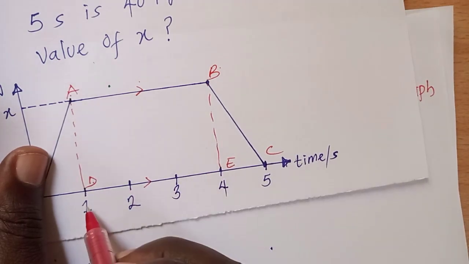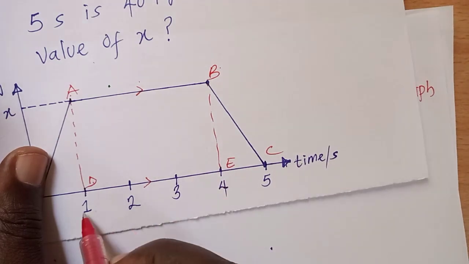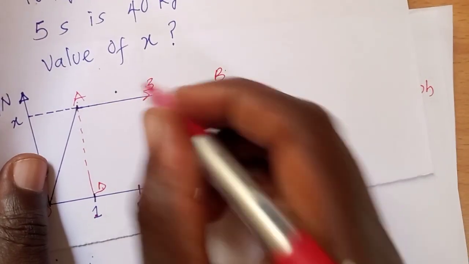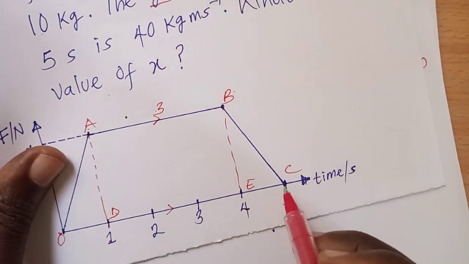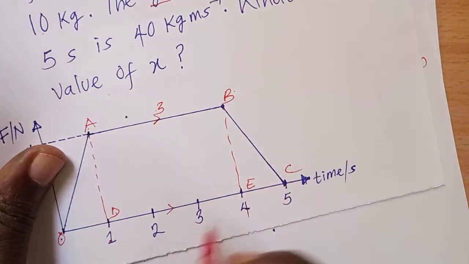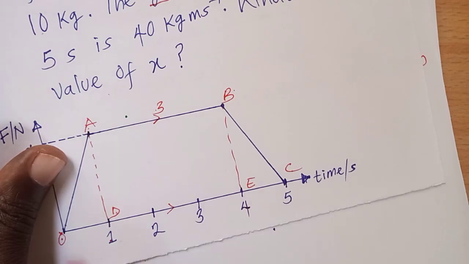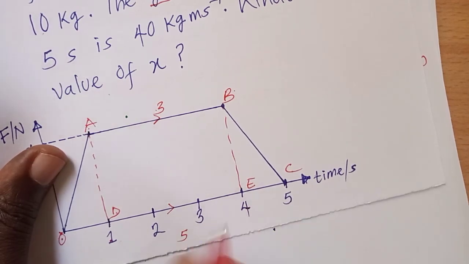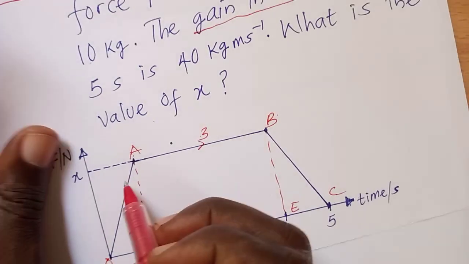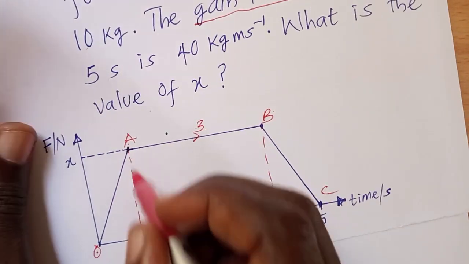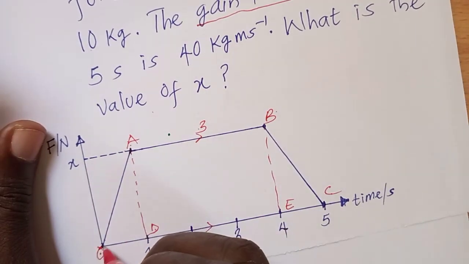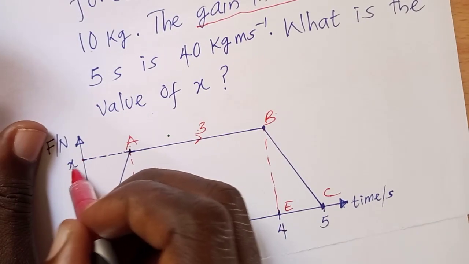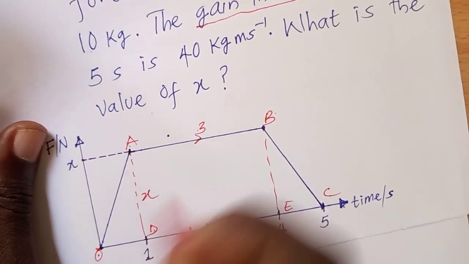And how do I do that? I will subtract the numbers I have here. 4 minus 1 is 3, so this is 3. Then I need the length from O to C. I will just say 5 minus 0, and this will give me 5. So OC is 5. Then the vertical, from here to here, should be x, but I don't know it, so I will just say x.